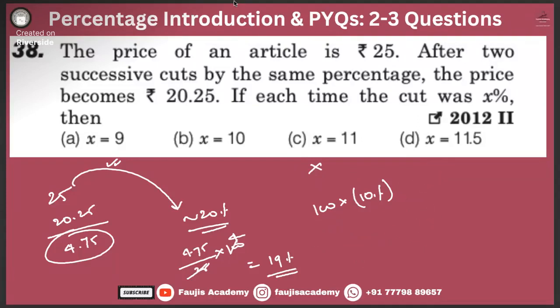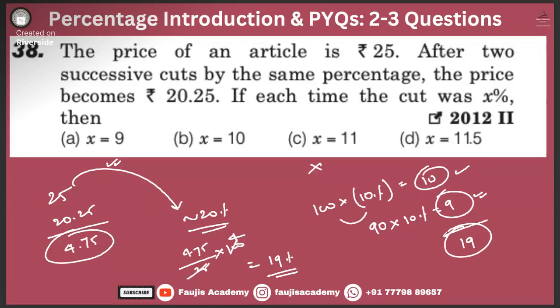First your 10% has reduced. So first your 10% reduced means how much? 10 gone. How much remaining? 90 remaining. And 10% of this is again gone, 9 gone. That means the total value that has been eroded is 10 and 9, essentially 19.